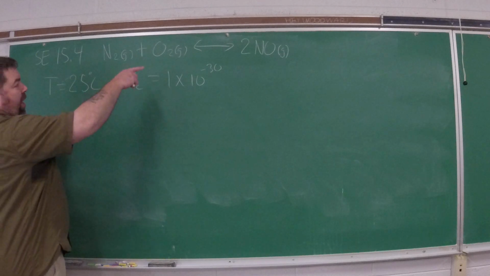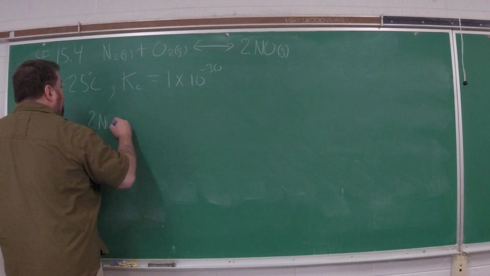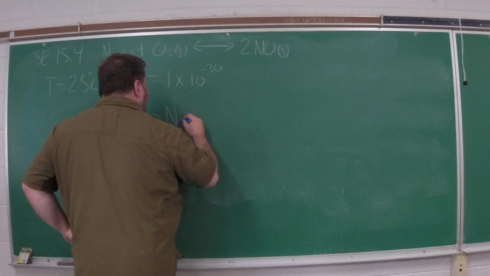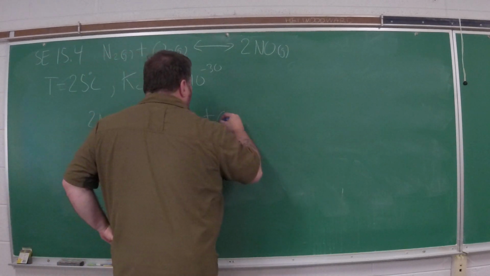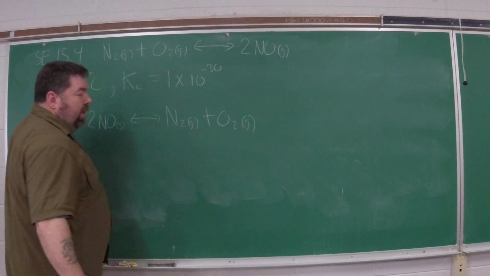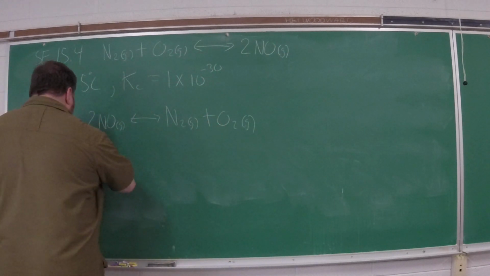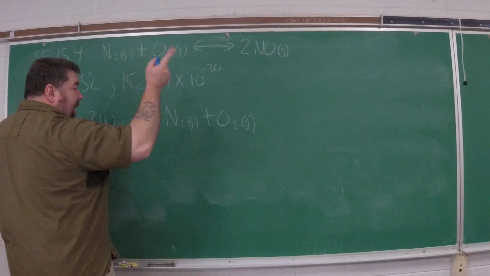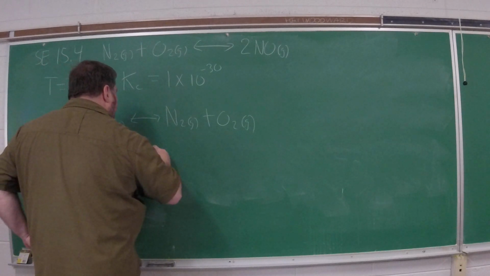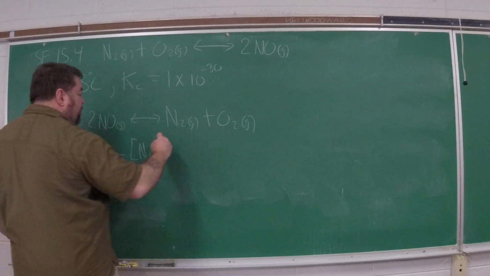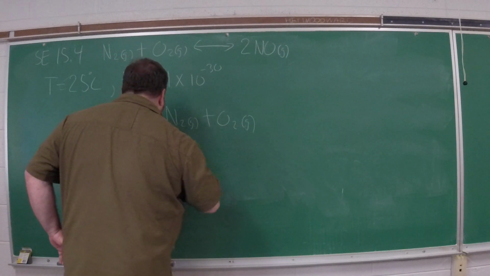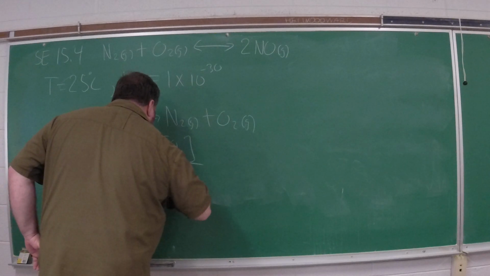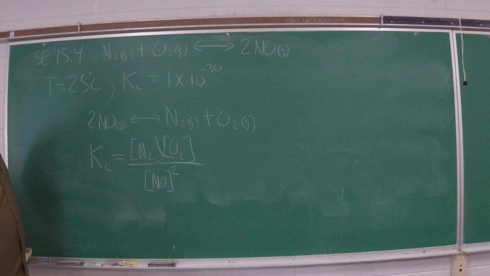Now I'm gonna reverse this equation. Okay, let's write out Kc, that's what it asks for. Again, products over reactants, concentration of the products raised to the stoichiometric coefficient divided by the concentration of the reactants raised to the stoichiometric coefficient, okay?